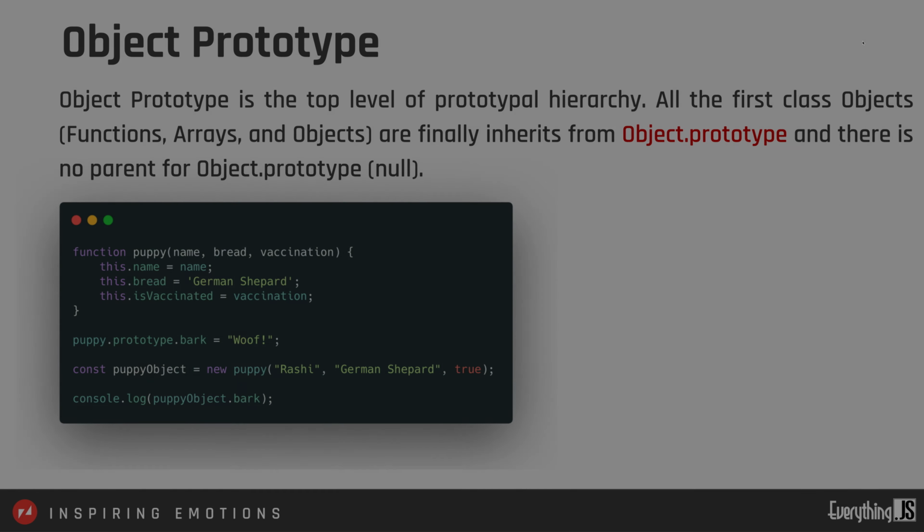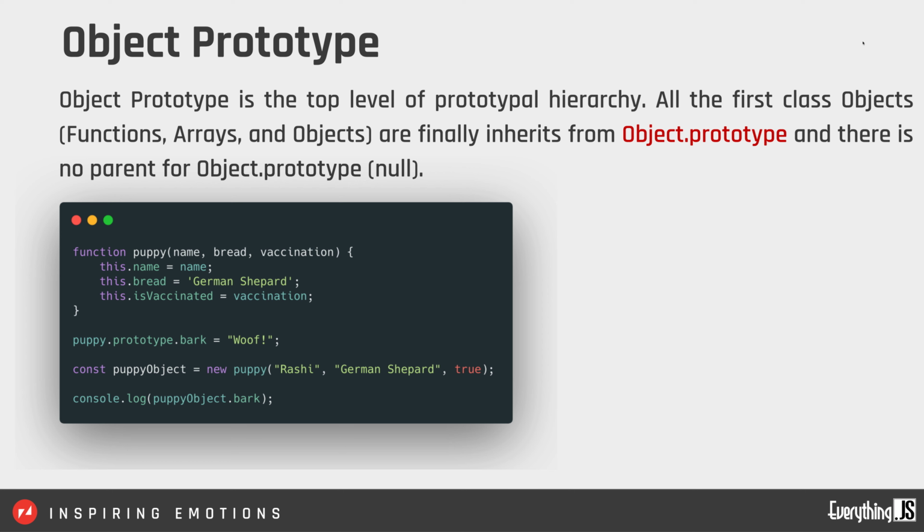So let's discuss what the object prototype is. People who are working with JavaScript, people who have worked on JavaScript projects, can you answer what the output of this code is?